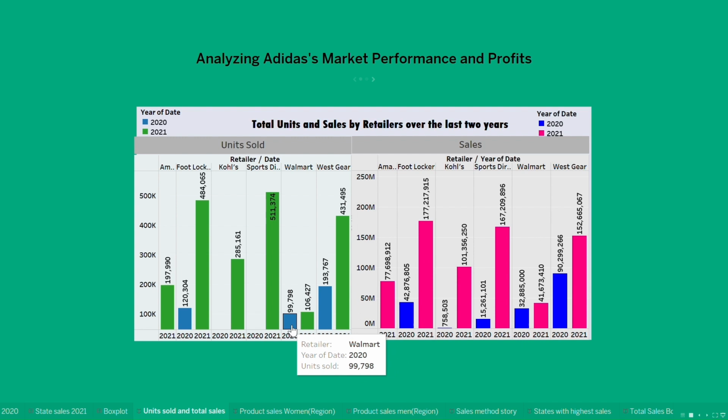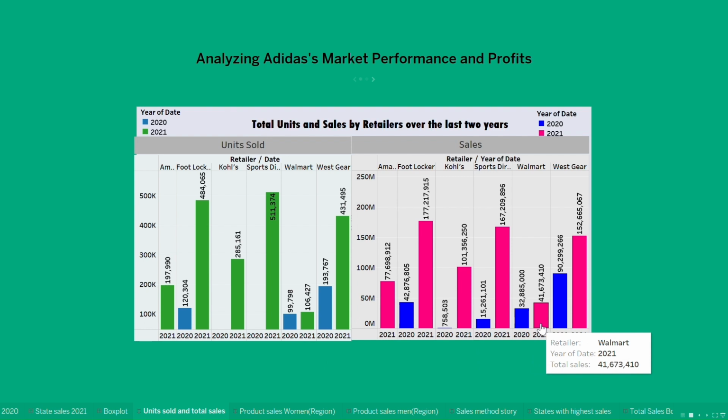So we can see that COVID really affected sales within Adidas. But with Walmart the difference wasn't that much, because the units sold were 99,000 in 2020 and in 2021 were 106,000. So they weren't really affected.